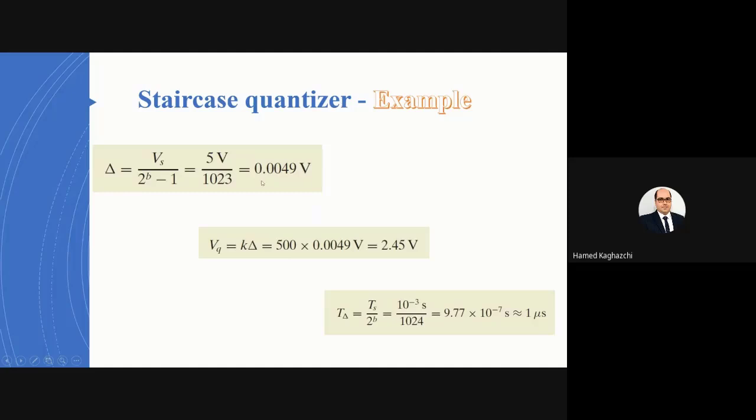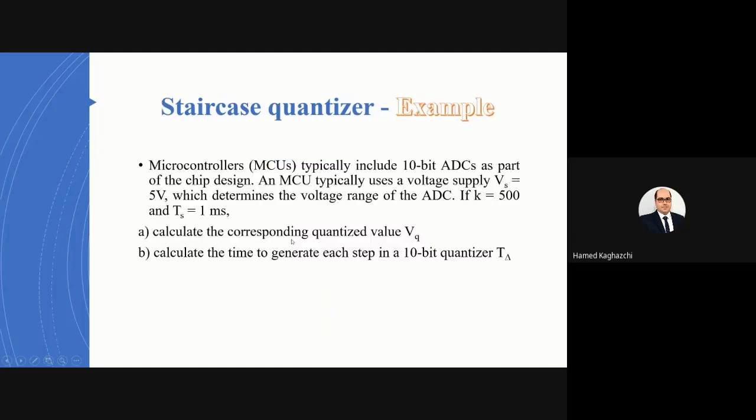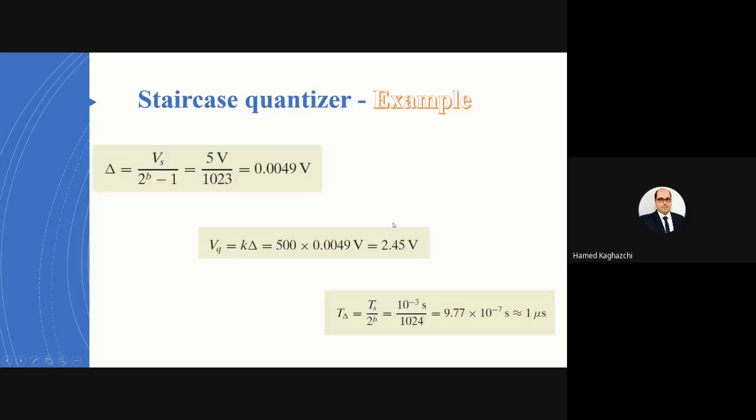We calculated delta here, and the question says K is 500. So at K equal to 500, what is this K? Actually, this K is the index of the step that occurred at this analog section.